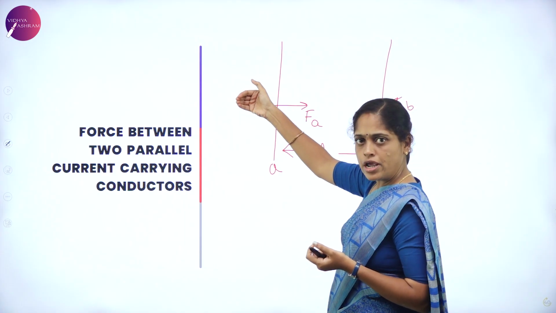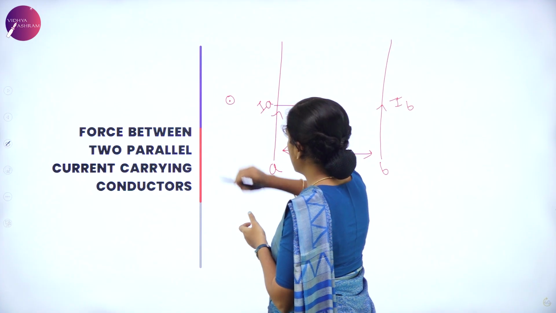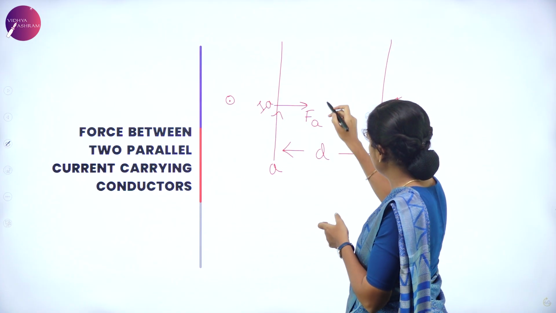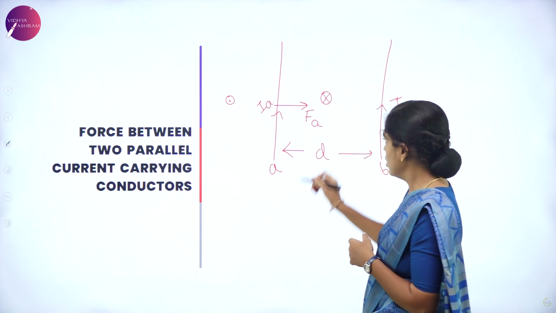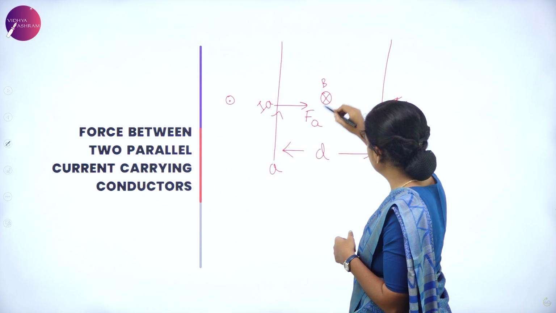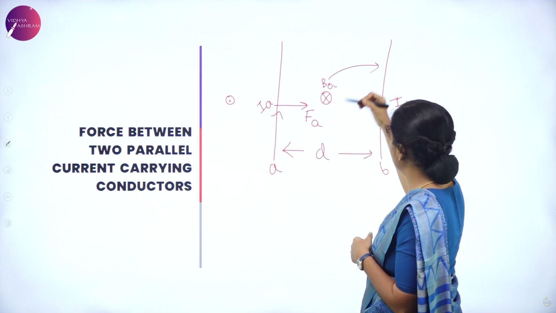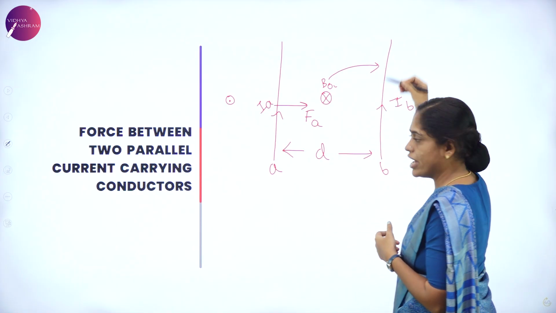At this point, it is out of the plane of paper, and between the wires, the magnetic field is into the plane of paper. So due to this magnetic field of wire A, there is a force on the wire B.